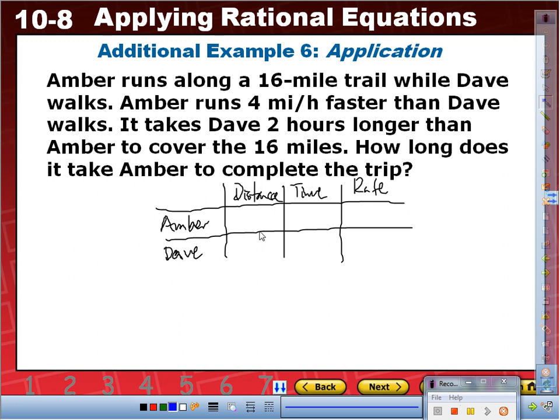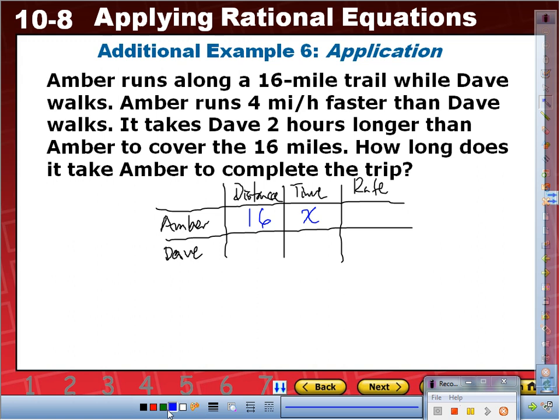All right. It says, Amber runs along a 16-mile trail. So what is the distance? 16. And then, how much time does it take her? Let's see, what's the question? How long does it take Amber? Do we know how long? No, x. So we label this x.